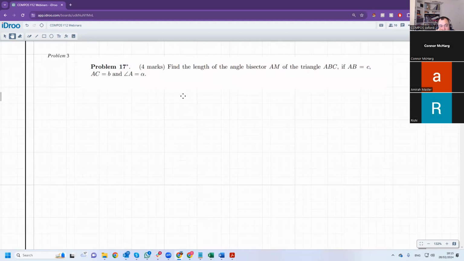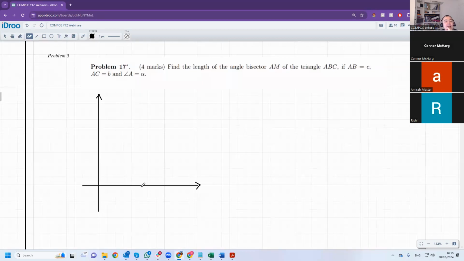So it doesn't really matter how we draw it. Just need to start. Okay, so introduce a coordinate system.